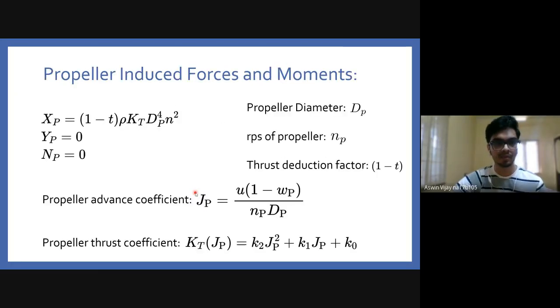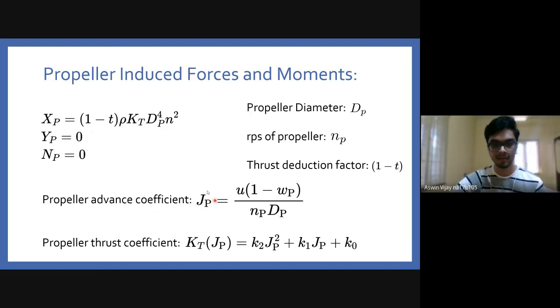Now let's move on to the propeller induced force and moments. So the propeller only gives a force along the x-axis defined as thrust. The thrust is rho kt dp power 4 and n square, where kt is the propeller thrust coefficient, which is a function of the propeller advance coefficient jp.